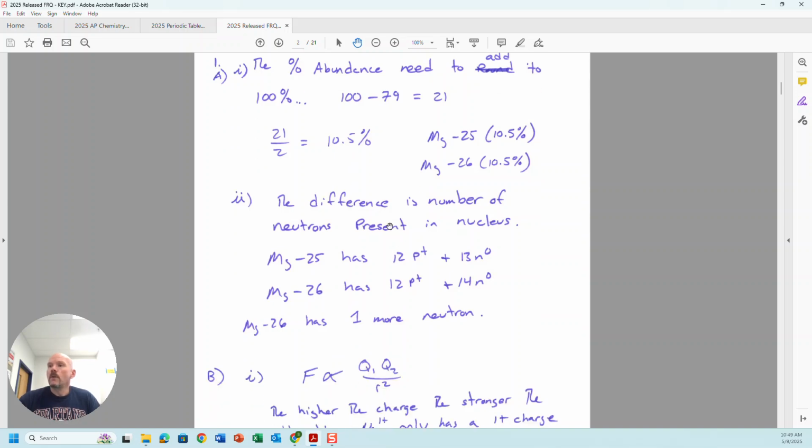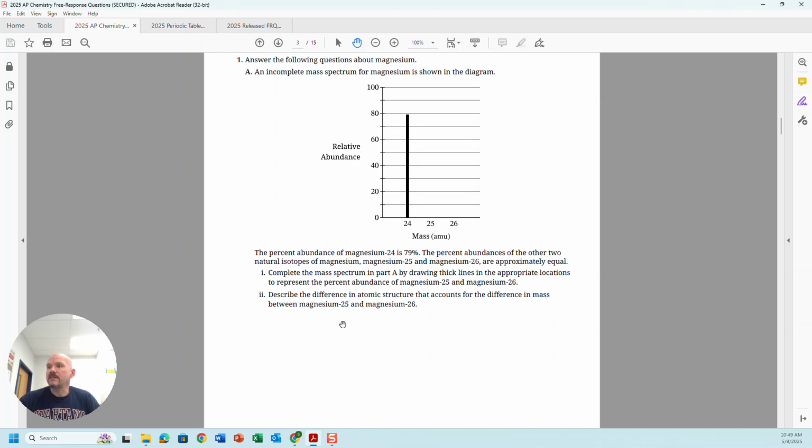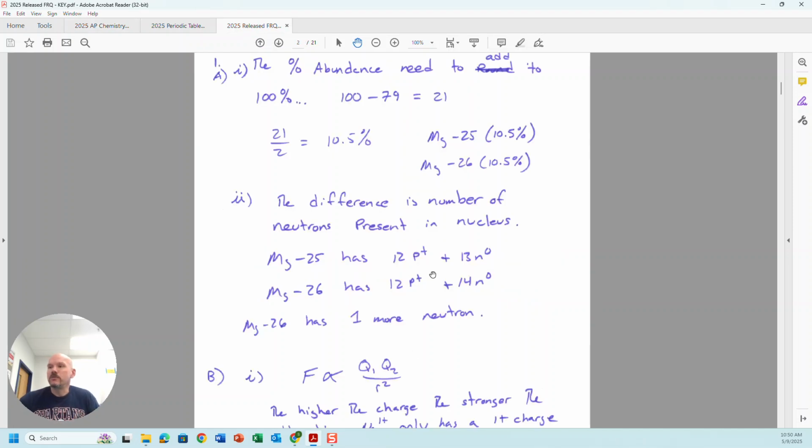Okay. In question 2, in part 2, they ask us what the difference between magnesium 25 and magnesium 26 is. So basically, what's the definition of an isotope? So magnesium 25 has 1 more neutron. Or sorry, magnesium 26 has 1 more neutron. Okay, I don't think you have to get this detailed.